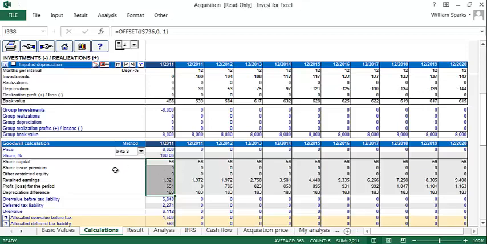So that's the equity in the company we are buying. But since we are paying 8 million, it means that we pay 5.8 million more than the equity we get. So 5.8 million is like goodwill.